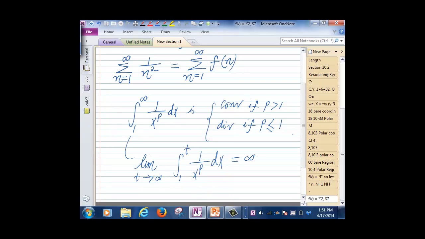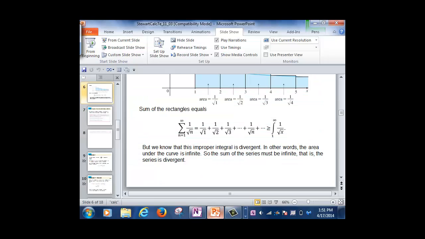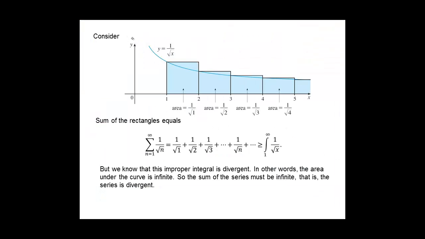As t gets bigger and bigger, the value of the integral from 1 to t is getting bigger and bigger, okay? So that tells you, in our case, that the series that we have should be divergent, because the sum of the series is bigger than this integral, but this integral is divergent, right? This integral diverges. Is that making sense to you?